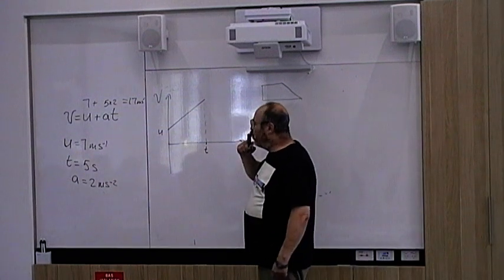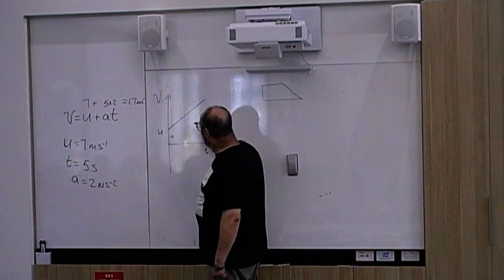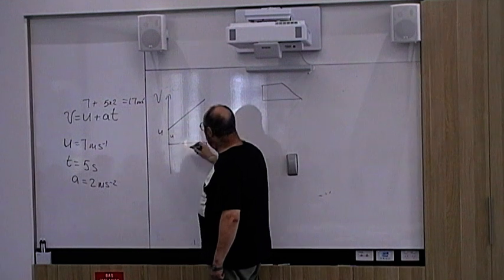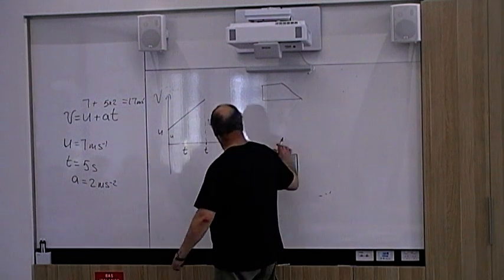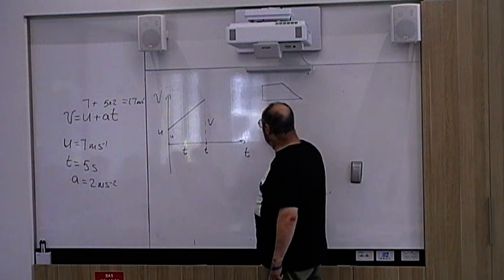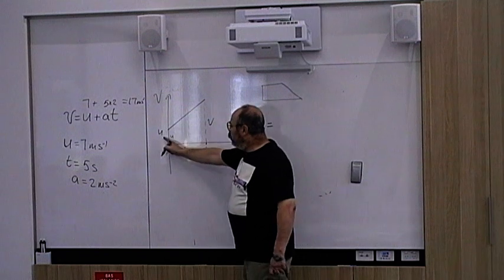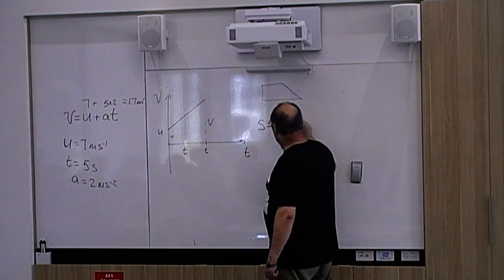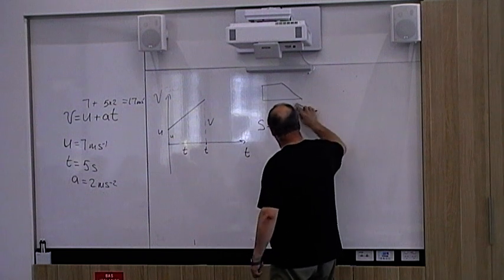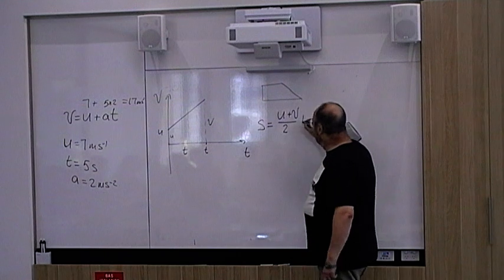Yes. So what will be our bases? U, this is the initial velocity. This is the final velocity V, and this is time. So the area, which will be equal to the displacement, will be equal to U plus V over 2 times time.